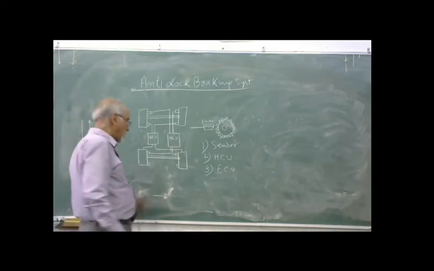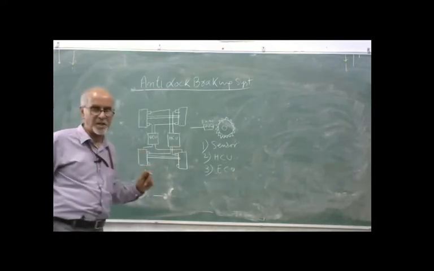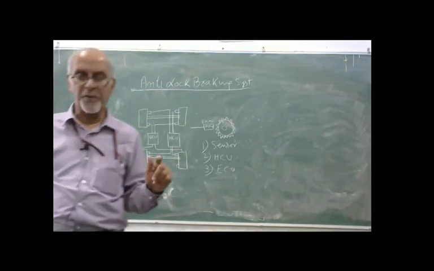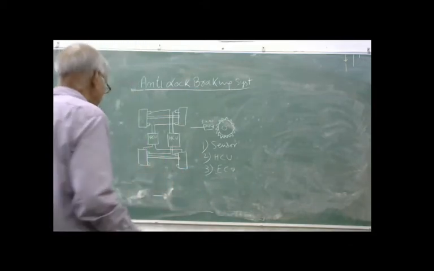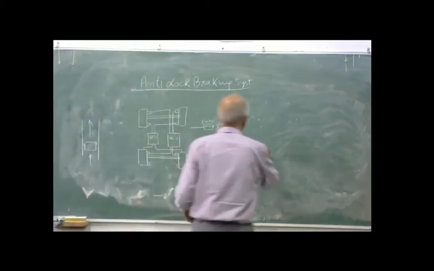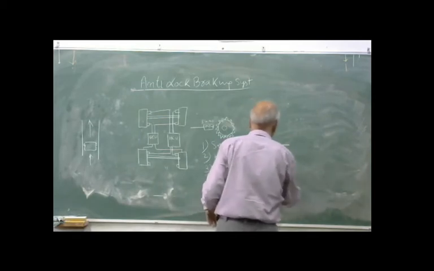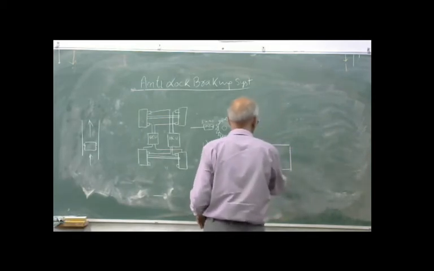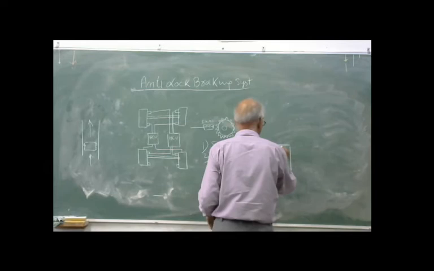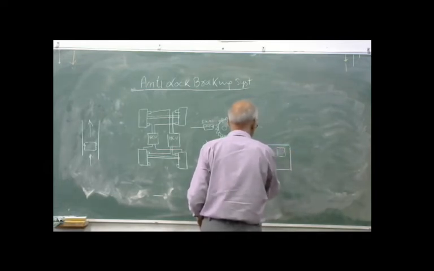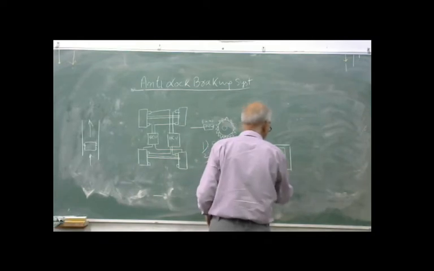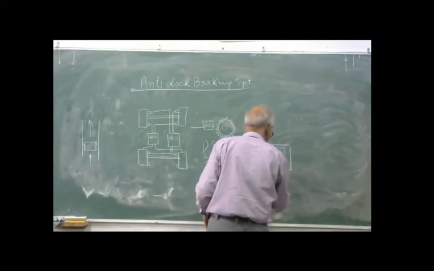Now, how does it function? We shall now discuss that. When you apply the brake, this is your hydraulic control unit. We have a pump over here, an accumulator, and a solenoid valve.